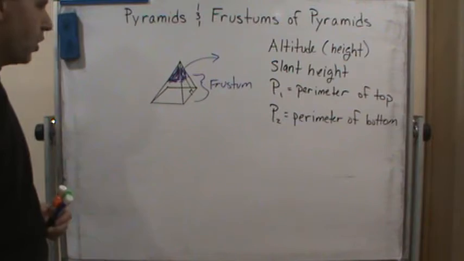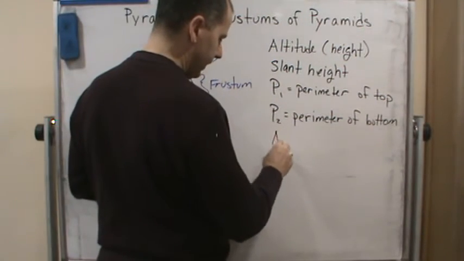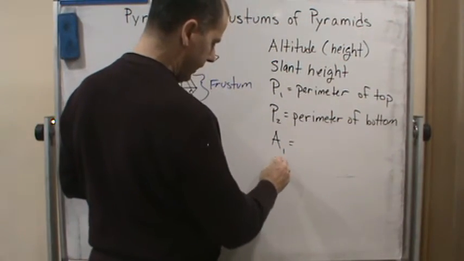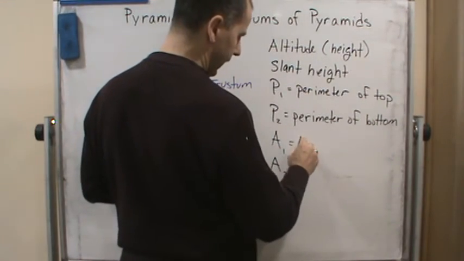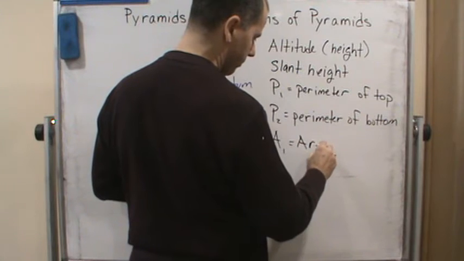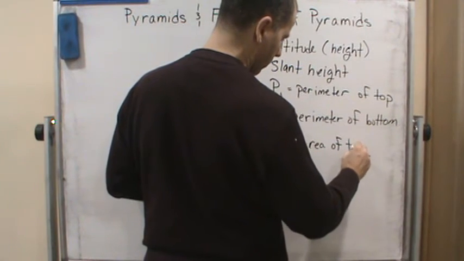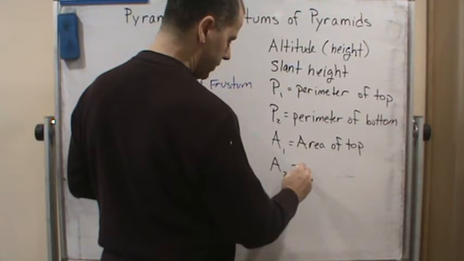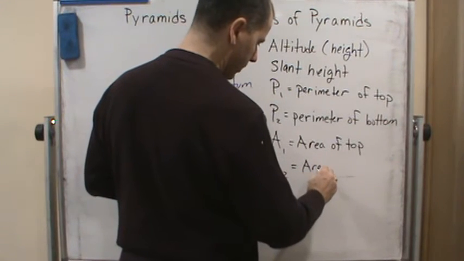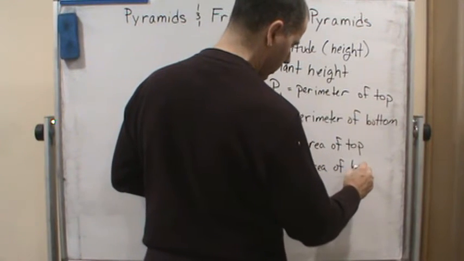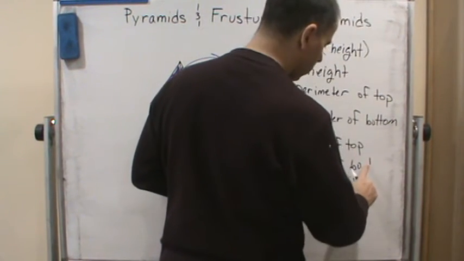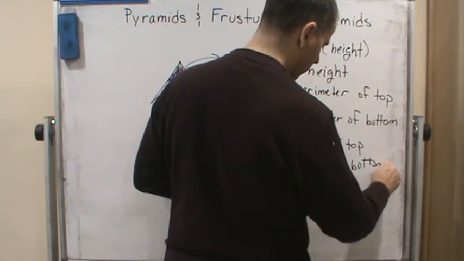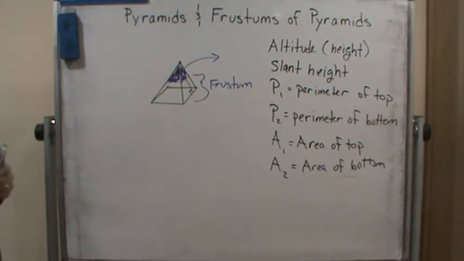And then we've got corresponding A1 and A2, the corresponding areas. A1 would be the area of the top base, and of course A2 is the area of the bottom base. Okay, so those are the things we're going to need for our formulas.